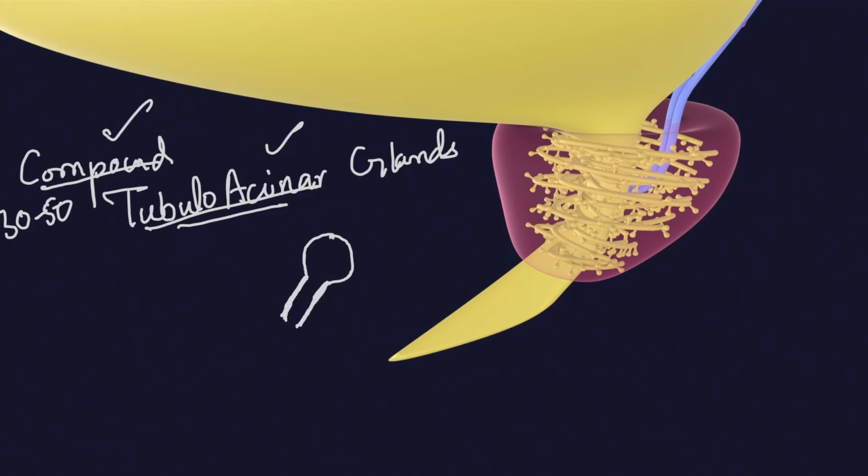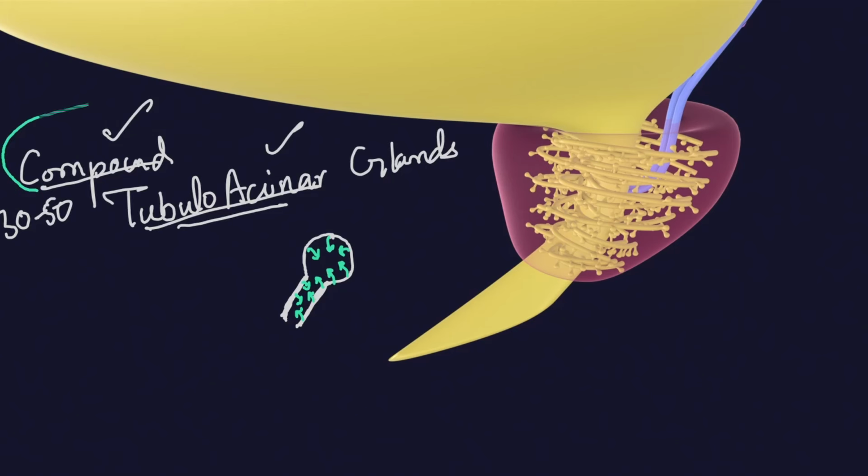This tubuloacinar part is the actual secretory portion of the gland, meaning this part actively releases the secretion. It makes the actual substances that are to be made by this gland. So this is the tubuloacinar type of gland.